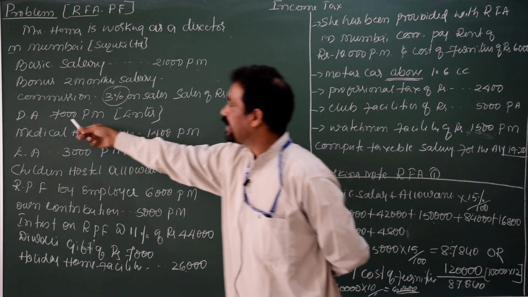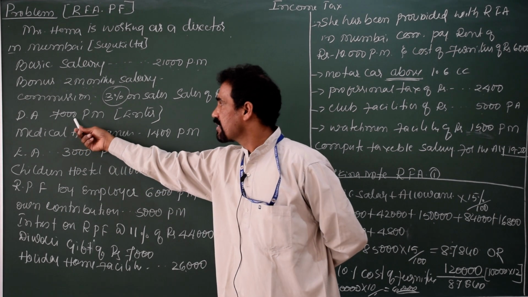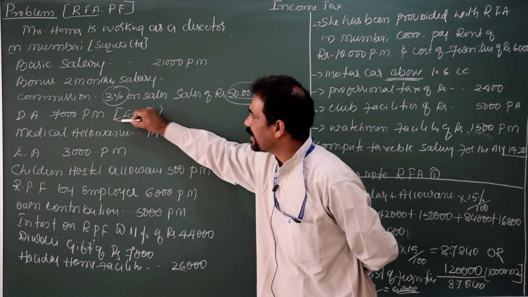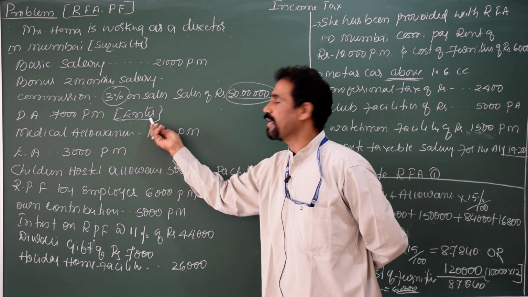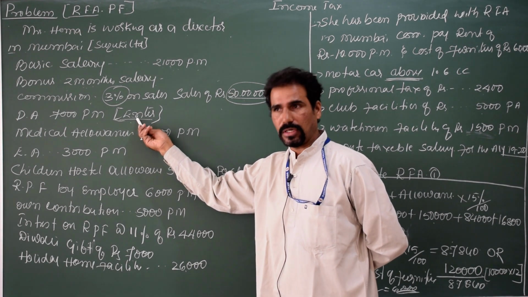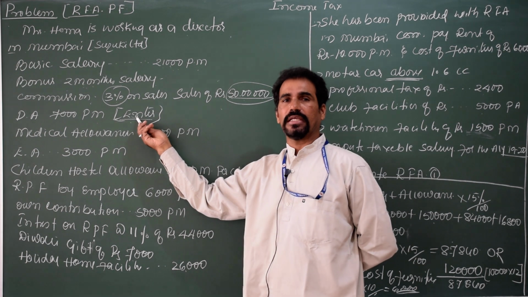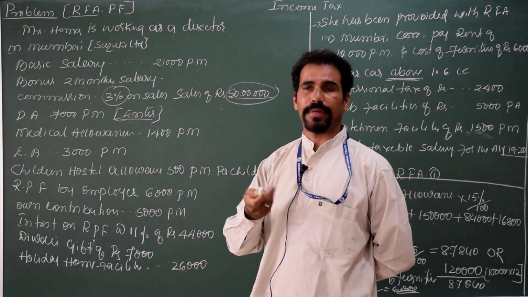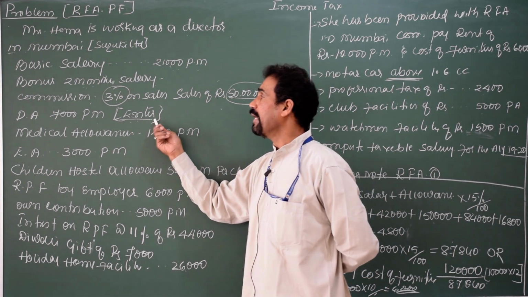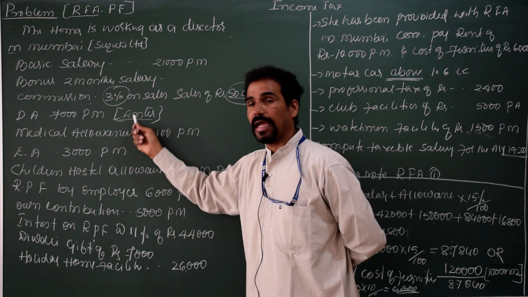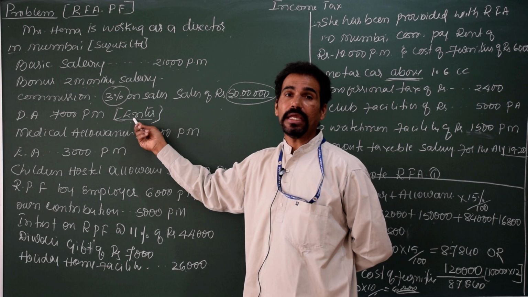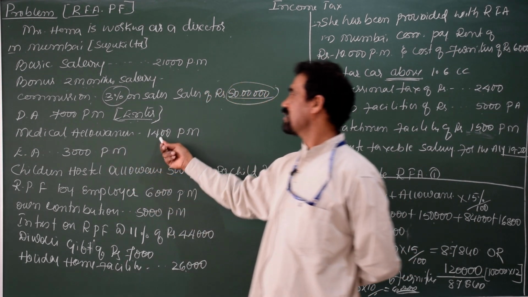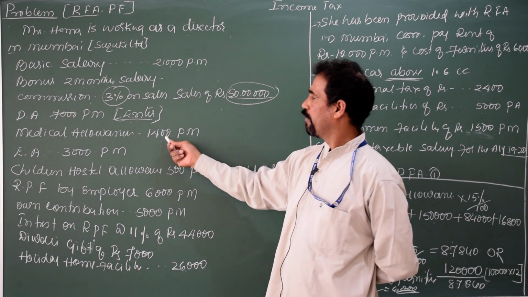Next, DA is given as 7,000 per month. See, in brackets it is given as enter. This is a very important note, because when calculating HRA, gratuity, leave salary and pension, you should note whether it is taken with enter or without enter. Next, medical allowance of rupees 1,400 per month.